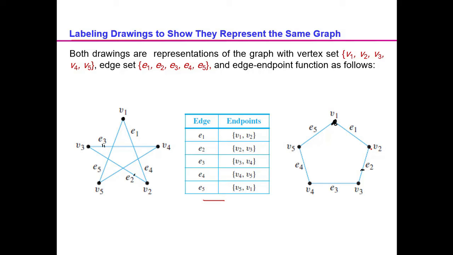So we have placed E2 here, and just like that we have represented all the edges which are connecting these vertices. After labeling all these vertices and edges, we can see that both graphs are the same.